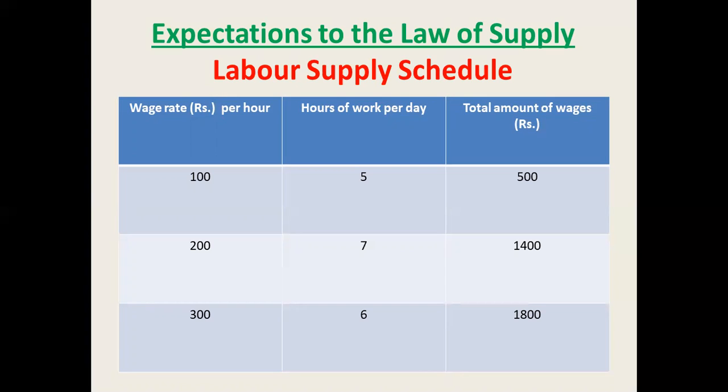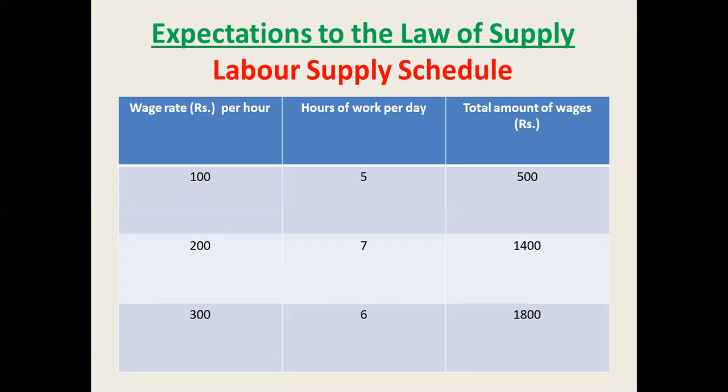At the next stage the wage rate increases again, to 300 rupees per hour. At that time he spends only 6 hours. It's less. Six hours only, and the total amount of wages is 1,800. So the wages are increasing: the first is 500, the second is 1,400, and the third is 1,800.